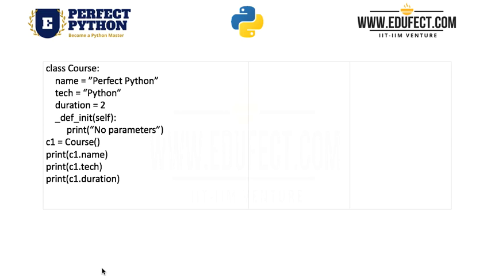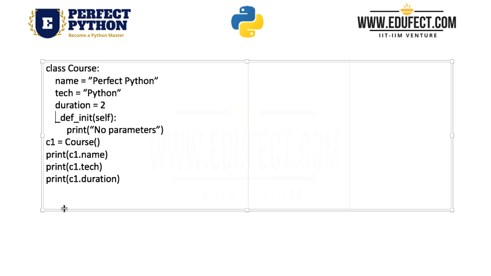So a constructor, as we discussed, can have parameters, which is a parameterized constructor, and a constructor can have no parameters. So let's look at an example of a constructor having no parameters. So here we have modified a class course. It has these 3 attributes: name, tech, duration, which have the values perfect Python, Python and 2. And in the constructor we are saying print no parameters.